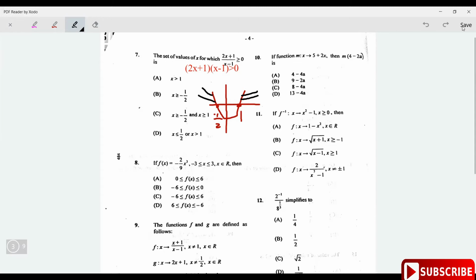All right, now let's look at the possible options that they give us, because we know we're supposed to get this as the answer. X is less than or equal to minus a half. That's one possibility. Or x is greater than or equal to 1. So let's see which one fits these two criteria. This one out.